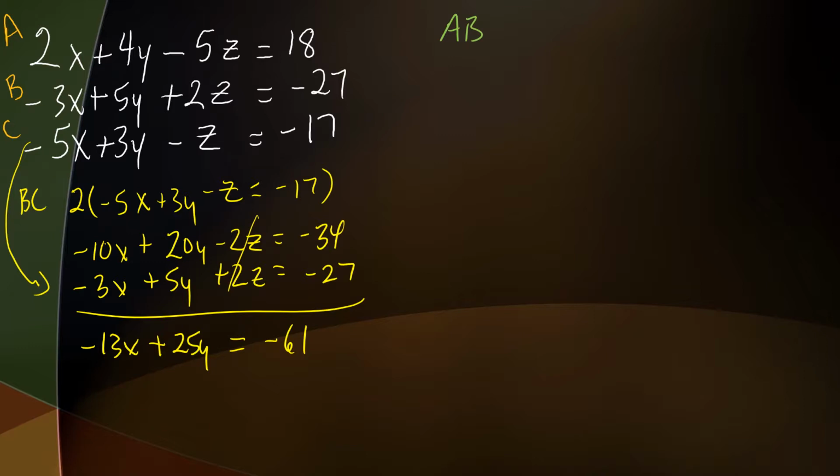All right, so I've got 2x plus 4y minus 5z equals 18. And B is negative 3x plus 5y plus 2z equals negative 27.